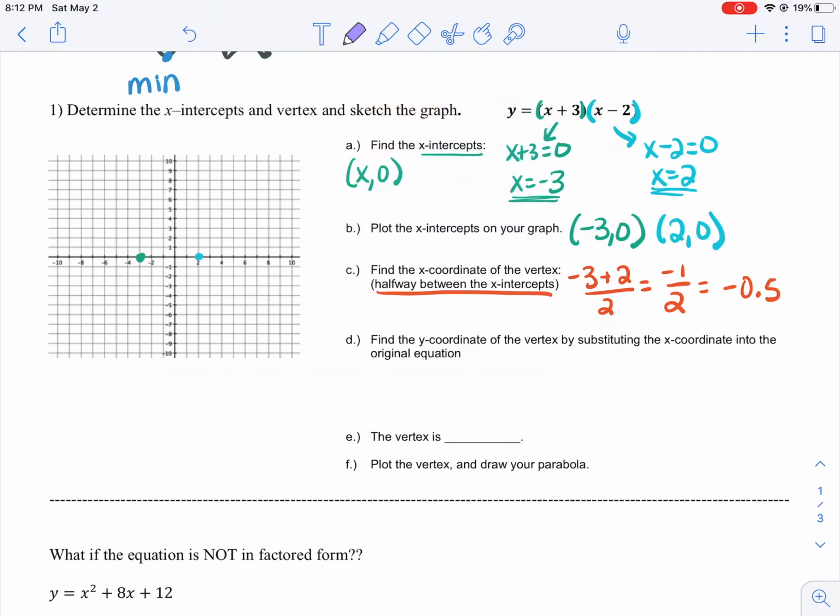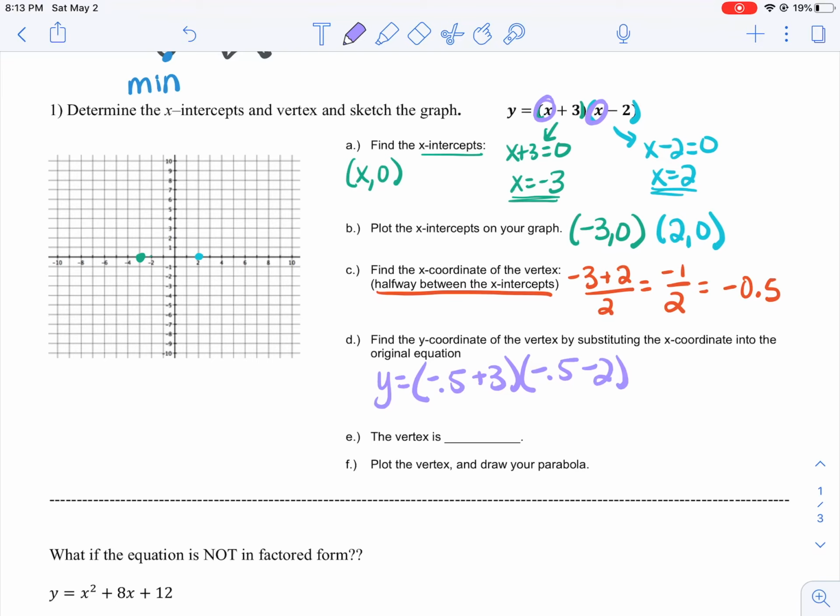So we're going to put it in for the x here and for the x here. So y equals -0.5 plus 3, parentheses, -0.5 minus 2.